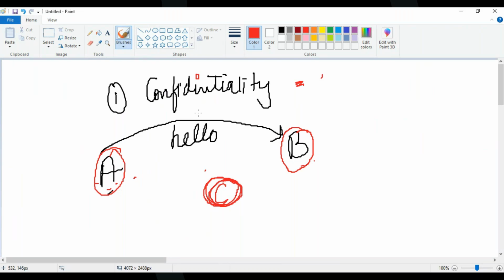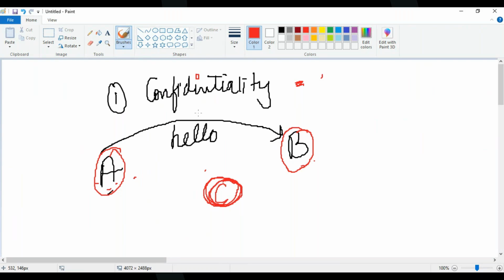If you even notice, when you start a call or when you start a chat with your friend or your colleague, you will see end to end encryption, right? So that is how WhatsApp is ensuring the confidentiality, that only you and your friend are authorized person. Even WhatsApp is not authorized to see whatever you are sending and communicating there, right?